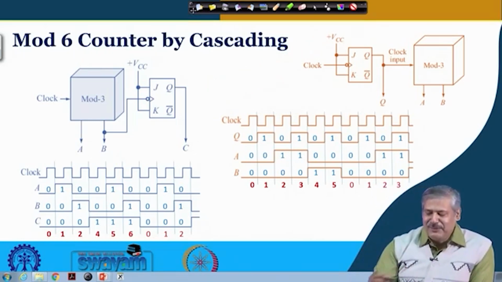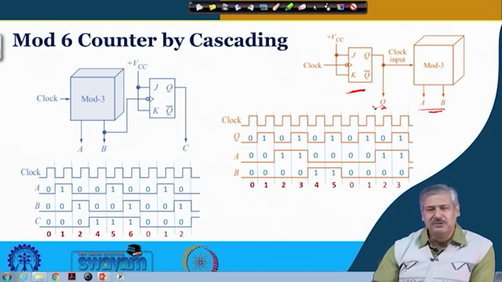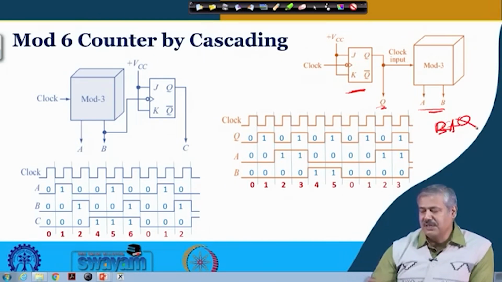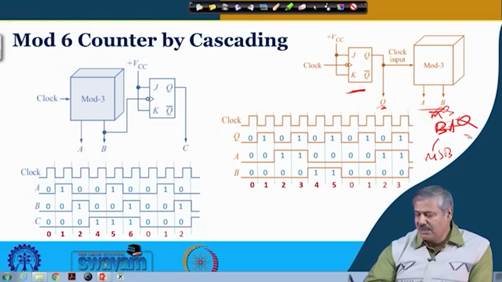Now, if you put the mod 2 counter before the mod 3 counter, let us see what happens. Since we have already defined A and B as the mod 3 counter, we are just keeping this one as Q. Otherwise, you could write C also, but the order is different, so it will be B, A, Q. This is your MSB and this is your LSB.